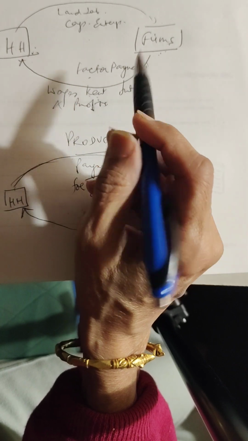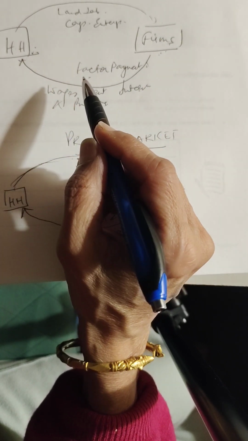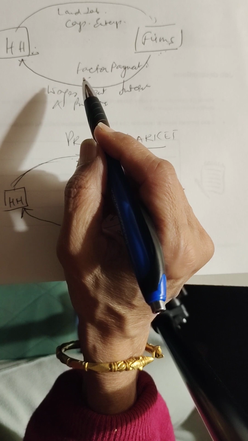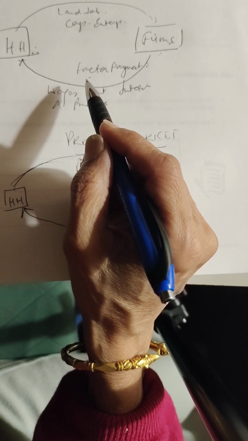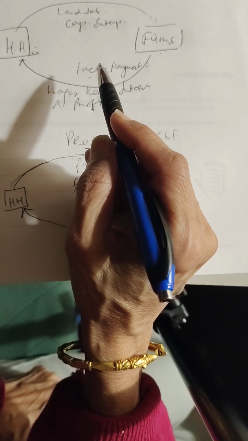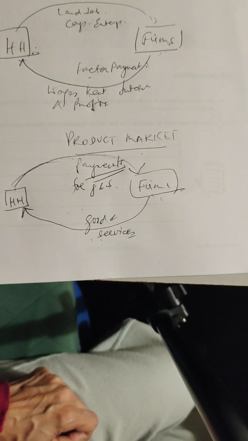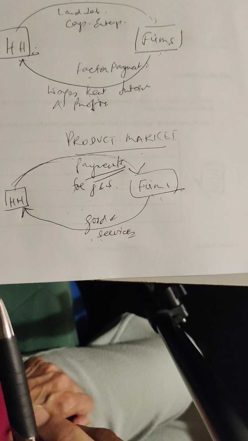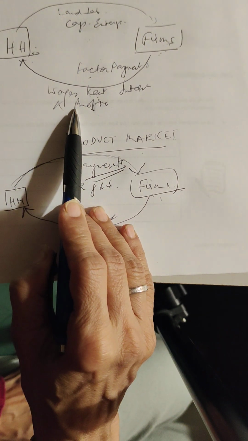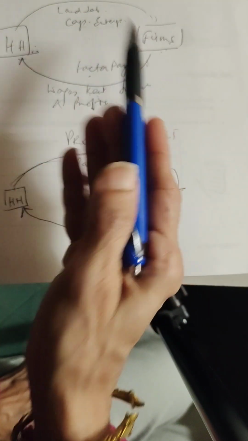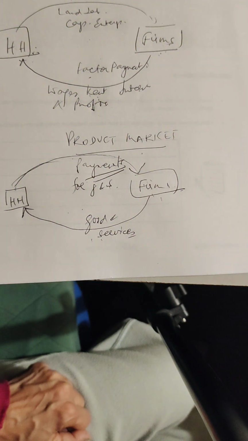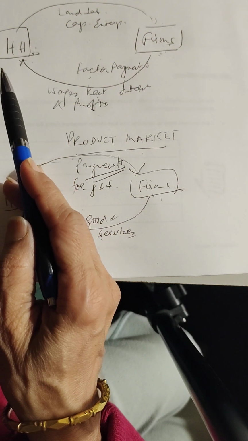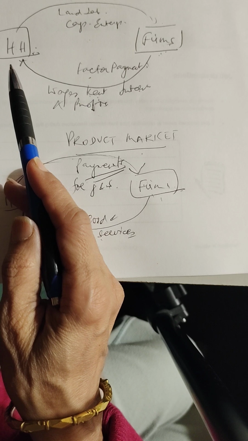Okay, so that's it. And there can be another question. What is the importance of the study of circular flow of income models? They're helpful in understanding mutual interdependence. With that, you come to know that everything is mutually interdependent among different sectors.